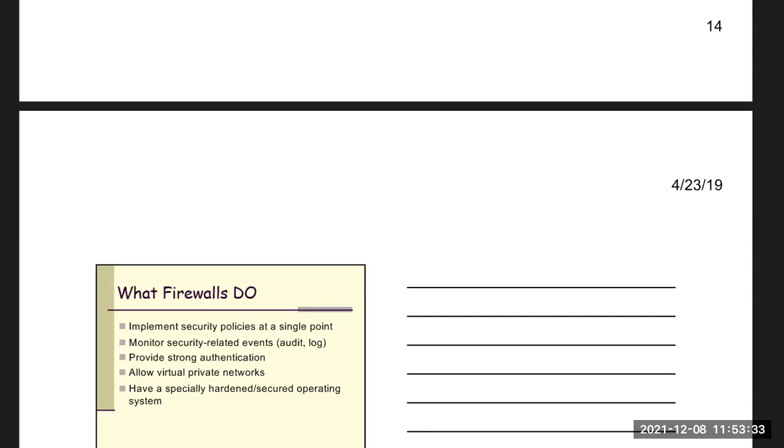But what do firewalls basically do? Firewalls implement the security policy at a single point. The point from where we connect the public and private network is where the firewall is placed, and there it implements the security policies.